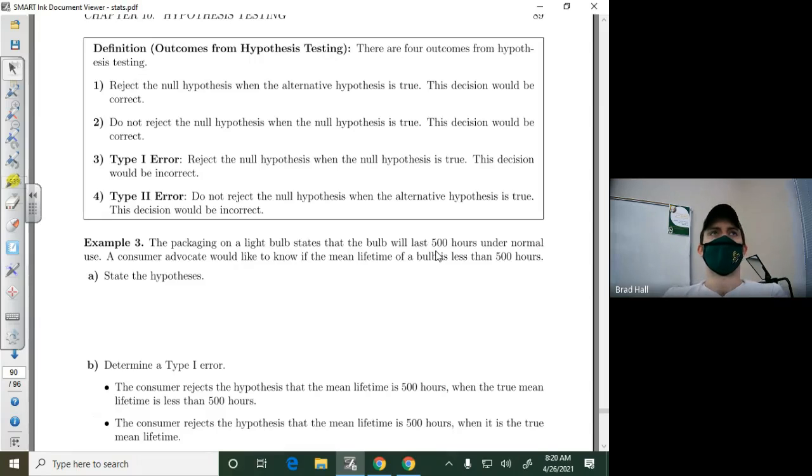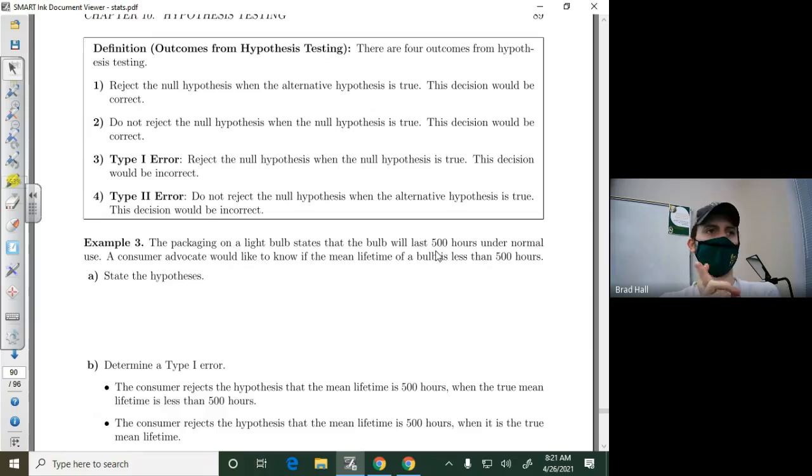So with these hypotheses, remember the goal is you're assuming that the null is true, and you want to see if you could prove the alternative or not. Or in other words, reject the null to support the alternative. So there's four different things that could happen.